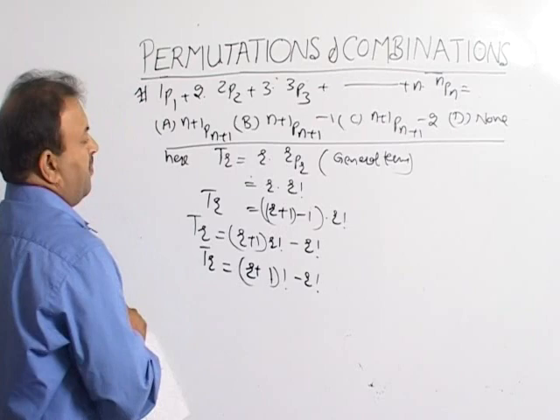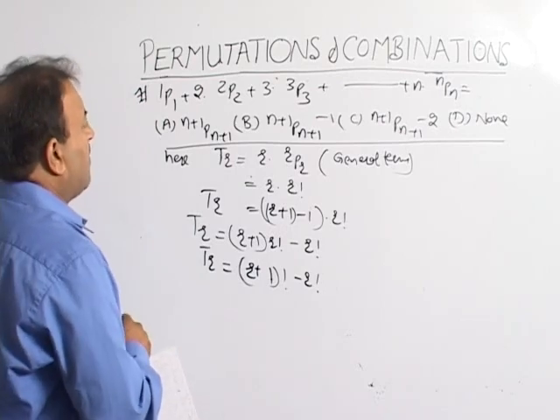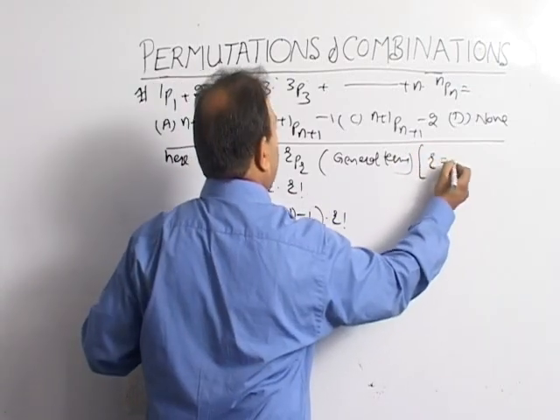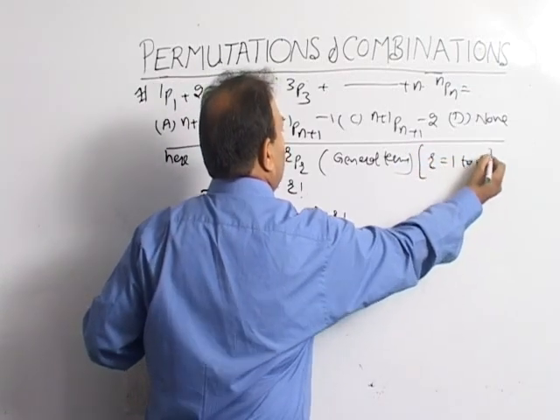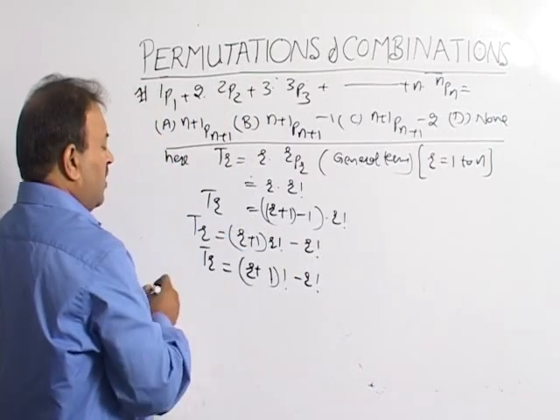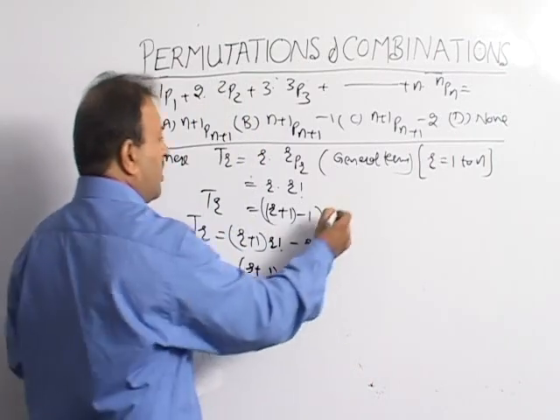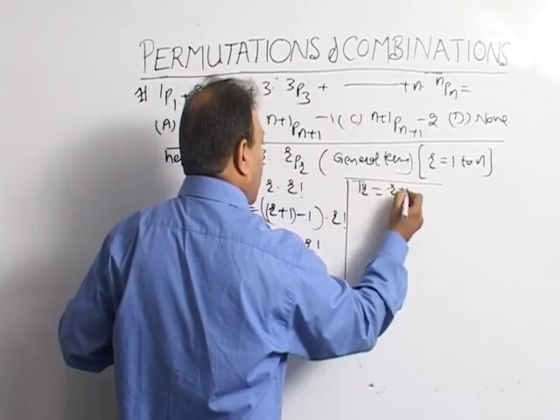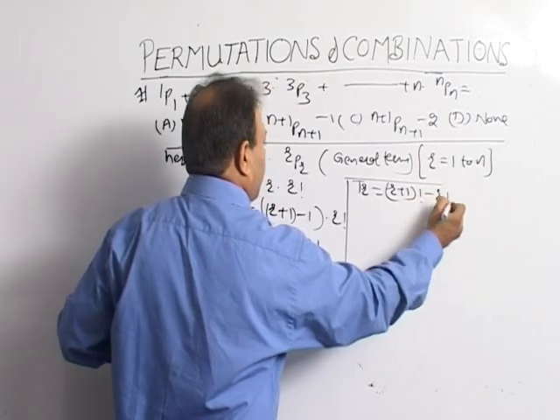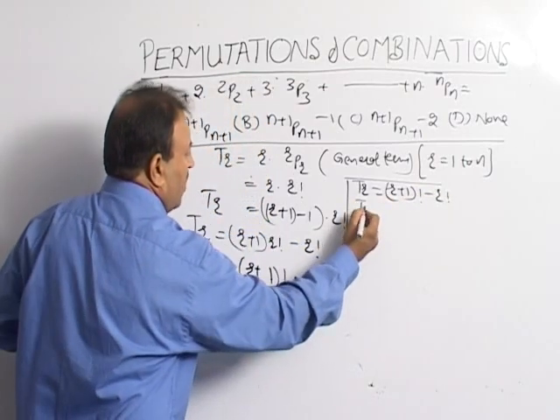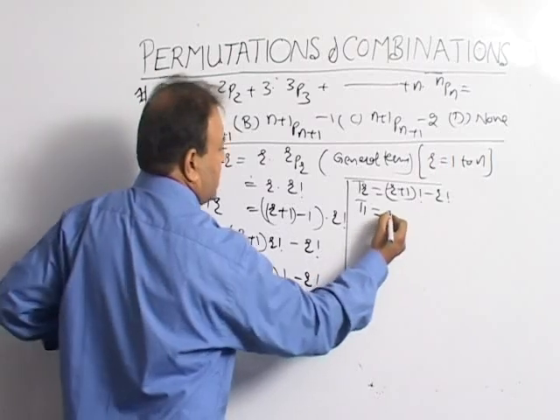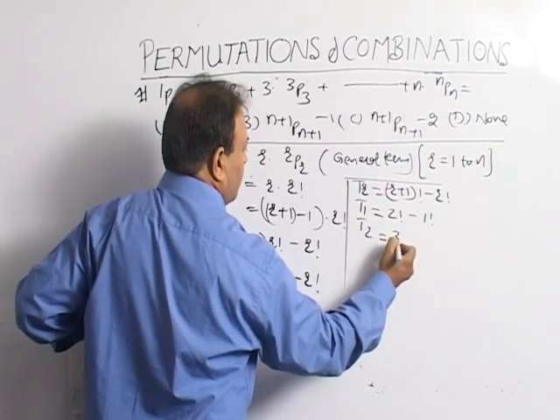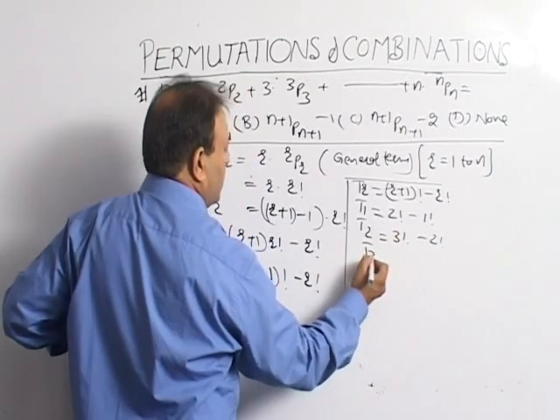Now what was r here? When we wrote the general term, the value of r was from 1 to n. Now we substitute the values from here. Tr is (r plus 1) factorial minus r factorial. T1 is 2 factorial minus 1 factorial. T2 is 3 factorial minus 2 factorial.